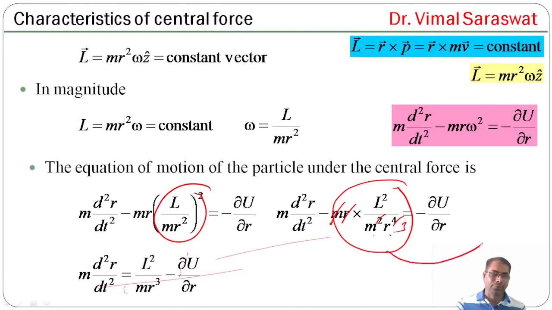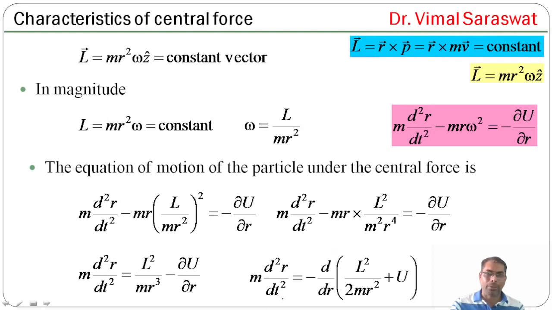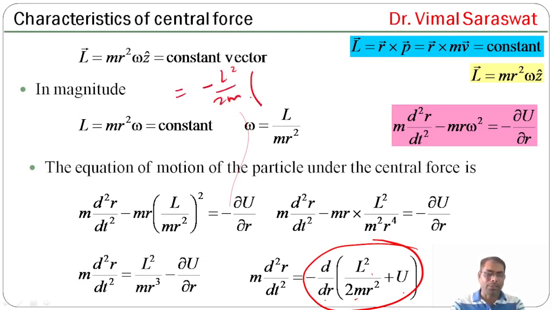If we transfer this from here to here, then m d2r upon dt2 equal to L square upon m r cube minus del u by del r, or m d2r upon dt2 equal to minus d by dr of L square upon 2 m r square plus u, because if we open this one, then this will be minus L square upon 2m, and differential of 1 upon r square is minus 2 by r cube, and differential of u with respect to r with negative sign is minus du by dr. Now this 2 and 2 will be cancelled out, and this negative and negative will be cancelled out.